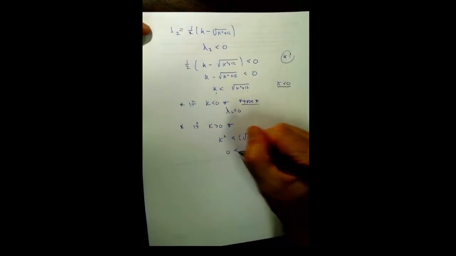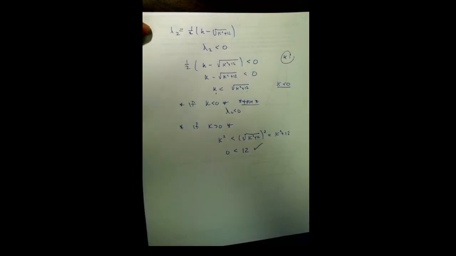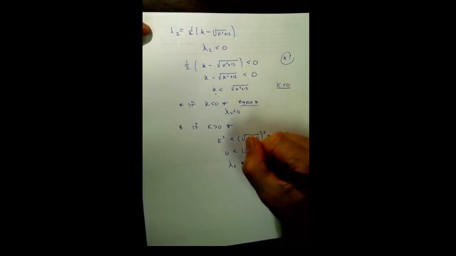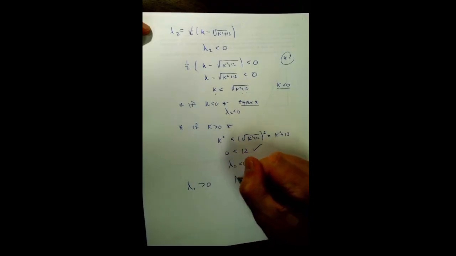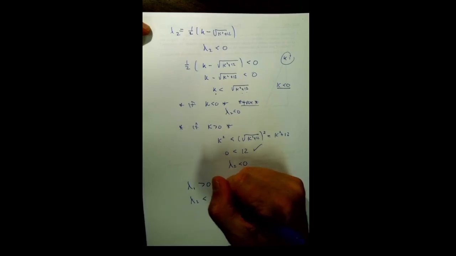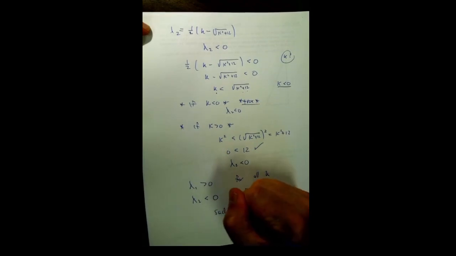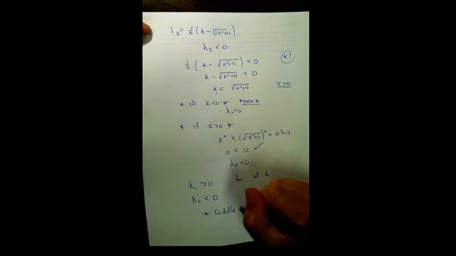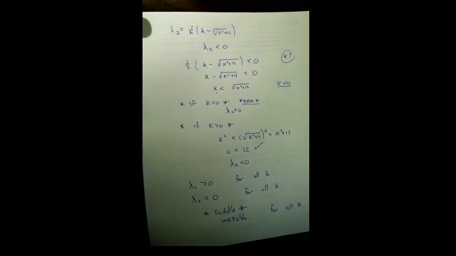Subtract k squared from both sides, get 12 is greater than 0, which I believe is true. So that means my original assumption was true. So what do I have? I have my lambda 1 is greater than 0 for all values of k, and my lambda 2 is negative for all k. So my stability is going to be unstable, and it's going to be a saddle for all possible values of k.